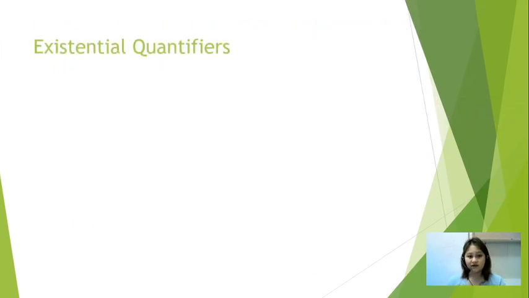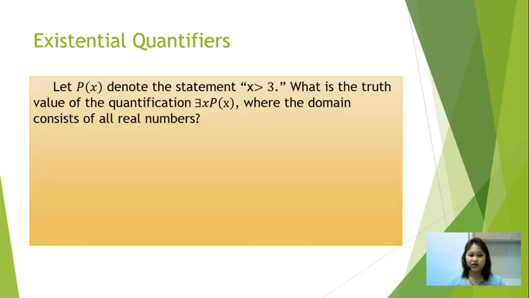So let's have another example for the existential quantifier. Same as given in the universal quantifier, let P of x denote the statement x is greater than 3. What is the truth value of the quantification?